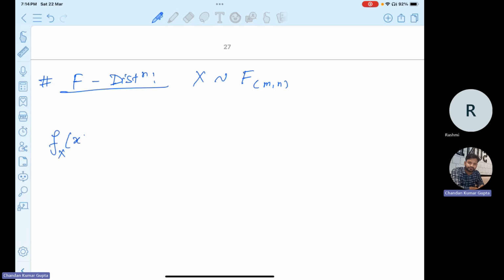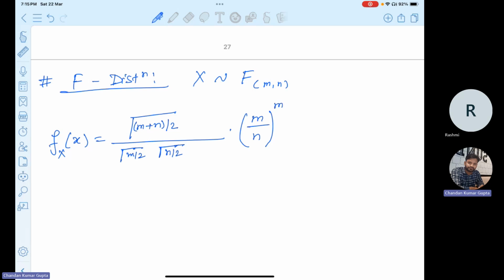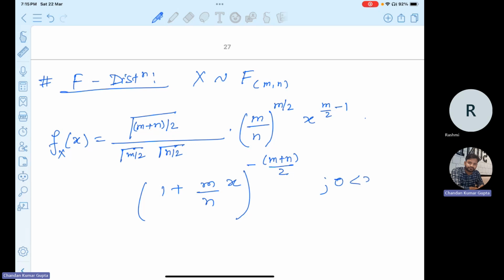In that case the PDF is gamma of (m plus n) divided by 2, divided by gamma of m by 2 times gamma of n by 2, then (m upon n) to the power m by 2, x to the power (m by 2 minus 1), and (1 plus m upon n times x) to the power minus (m plus n) divided by 2. This is the PDF of the f distribution.